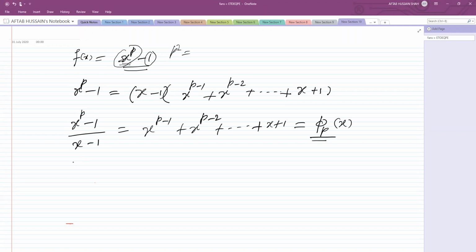Now see here, zeta_p is a root of this polynomial phi_p(x), and zeta_p is not equal to 1.